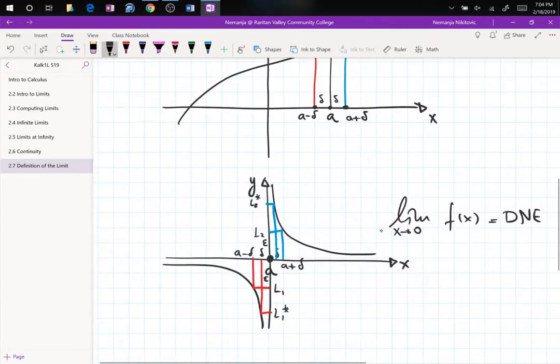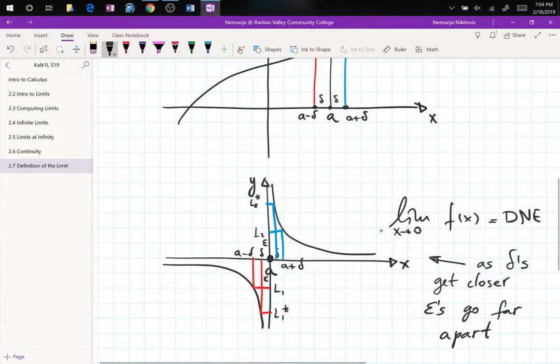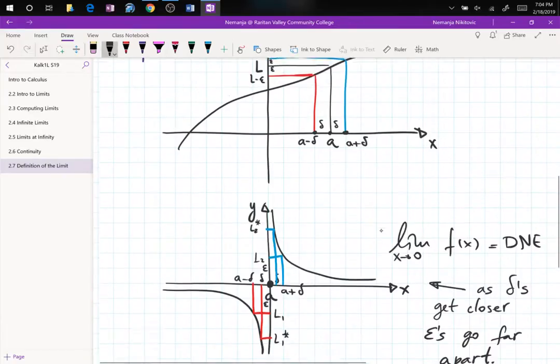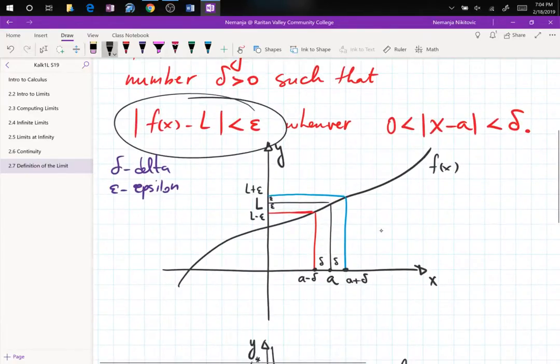Let me write that as a statement here. So in this picture, as deltas get closer, epsilons go far apart. That's good enough, I guess, to understand the concept. And epsilons going far apart is violating this, right? That's violating that.